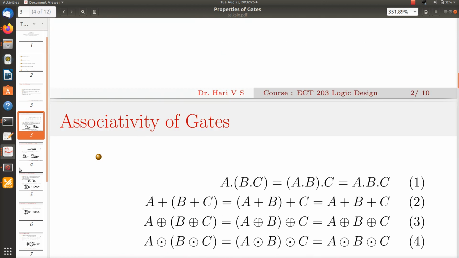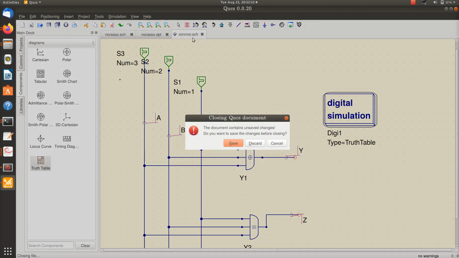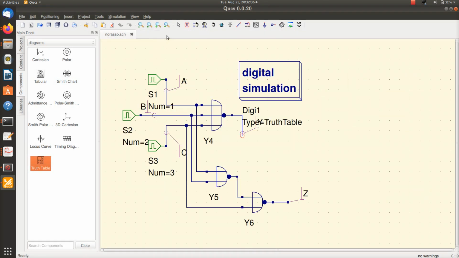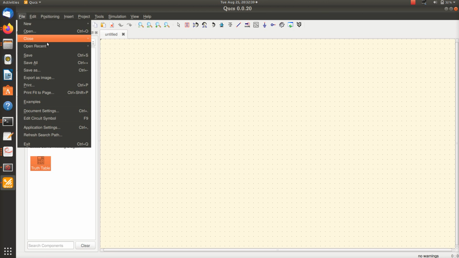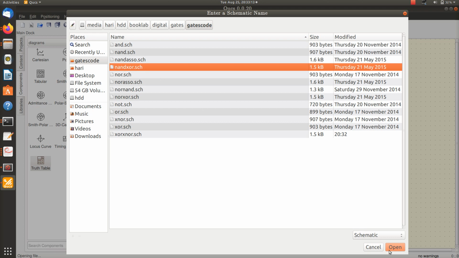First, I will see some simple simulations. First I will see an XOR with the NAND.